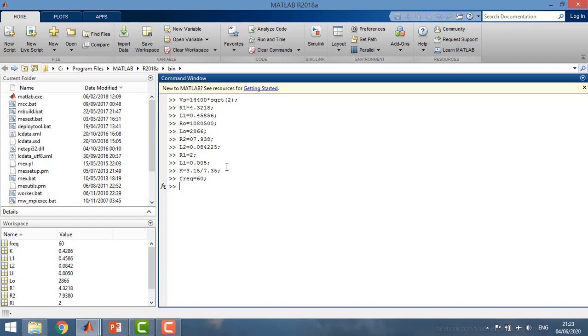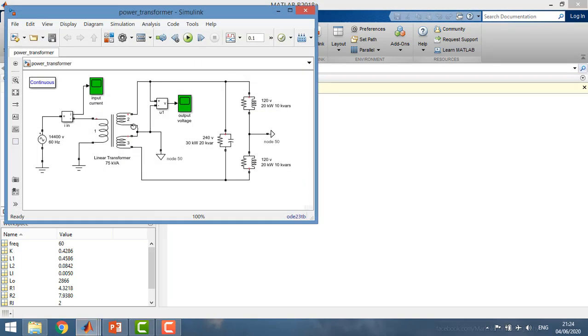Now the demonstration model, I've been taking some of its parameters to model and simulate transformers. We can call that by writing power transformer in the command window, which is this one.